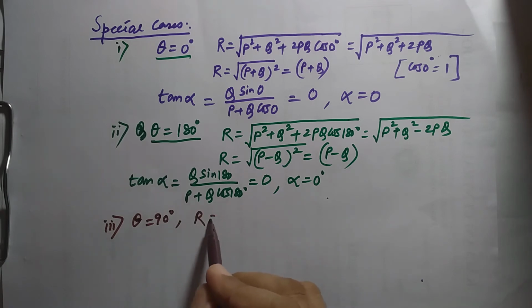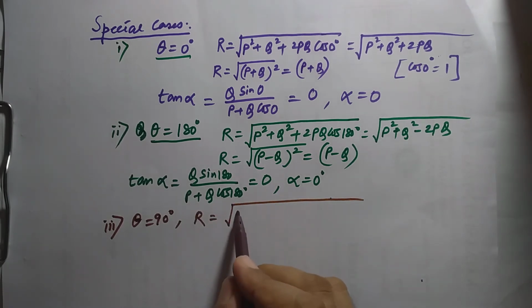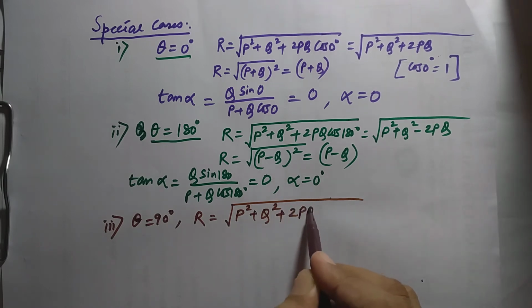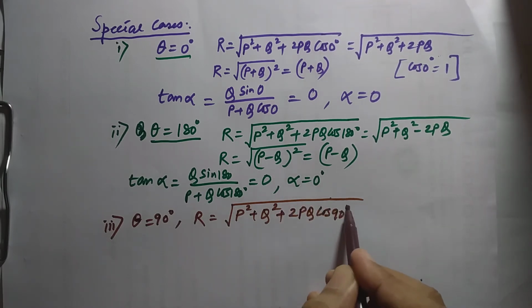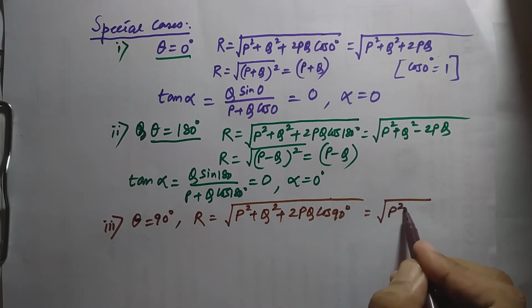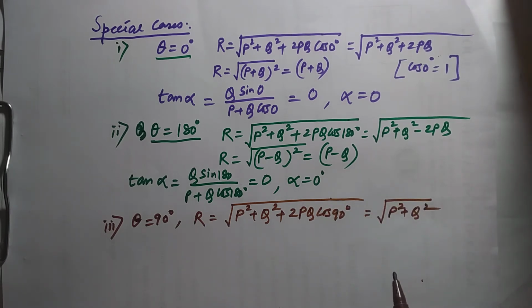Then r is equal to root over p square plus q square plus 2pq cos 90. Cos 90 is 0, so r is root over p square plus q square.